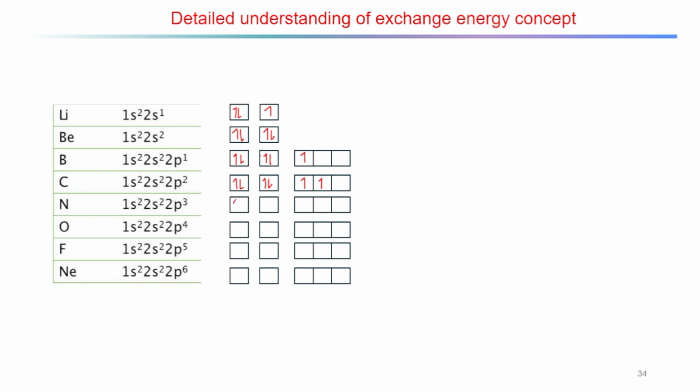Now we will do the nitrogen. In case of nitrogen, we have 1s2, 2s2, 2p3. Now this 2p3, so all the px, py and pz orbitals, they are having 1 electron. This is actually half filled configuration.